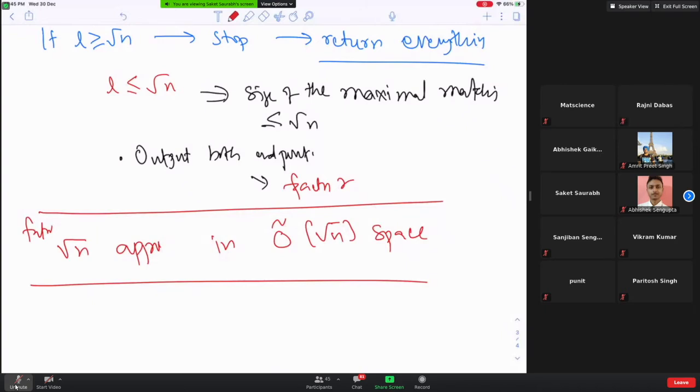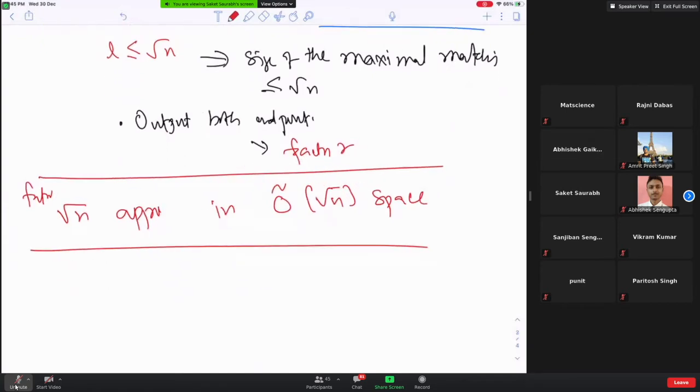Fine. So if I now tell you, can I make this approximation factor n^(1/3) and space say n^(2/3)? Can I do this? You should be able to do this.